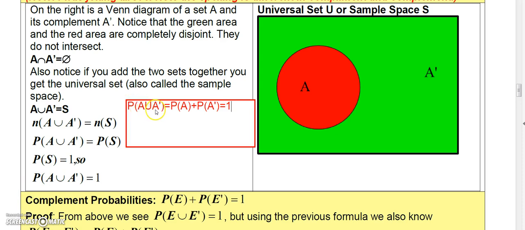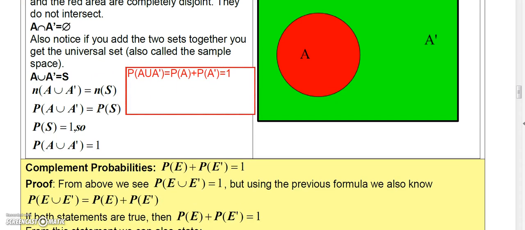Since A and A prime do not intersect, from the property we just talked about, we know the probability of A union A prime is simply the probability of A plus the probability of A prime. But since we also know the probability of A union A prime is the probability of S, which equals 1, the probability of A plus the probability of A prime must equal 1.